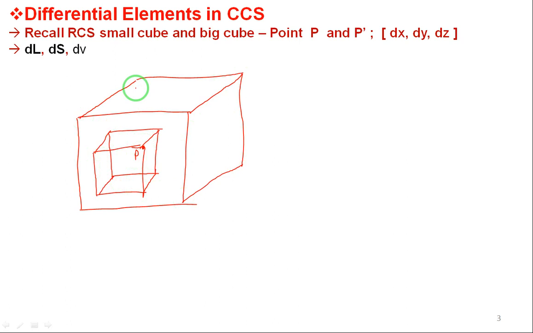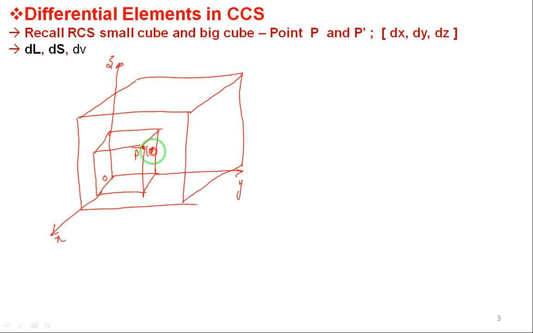I will not draw the back faces, it's understood. These are my three axes, x axis, y axis, and z axis. And the origin is located here.